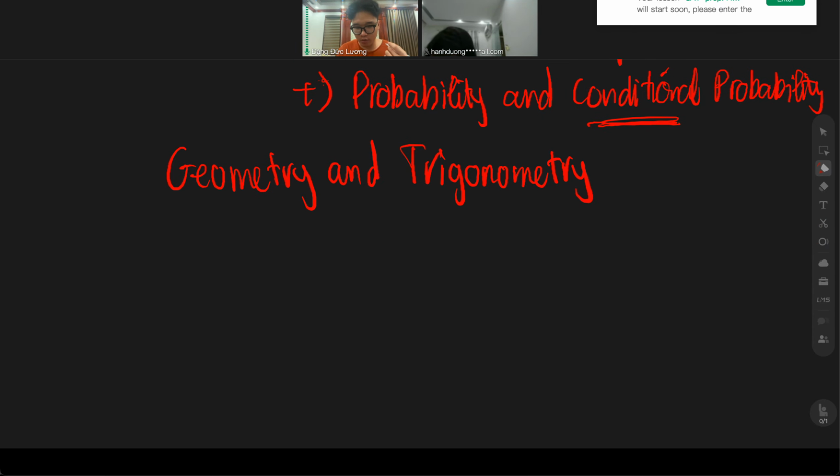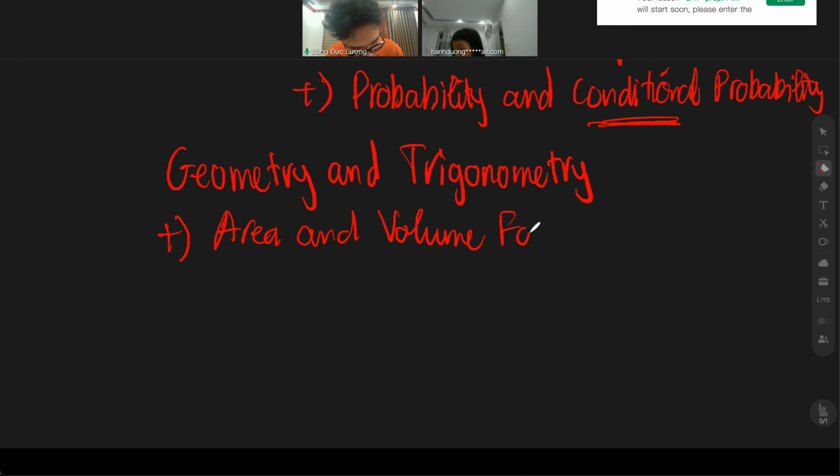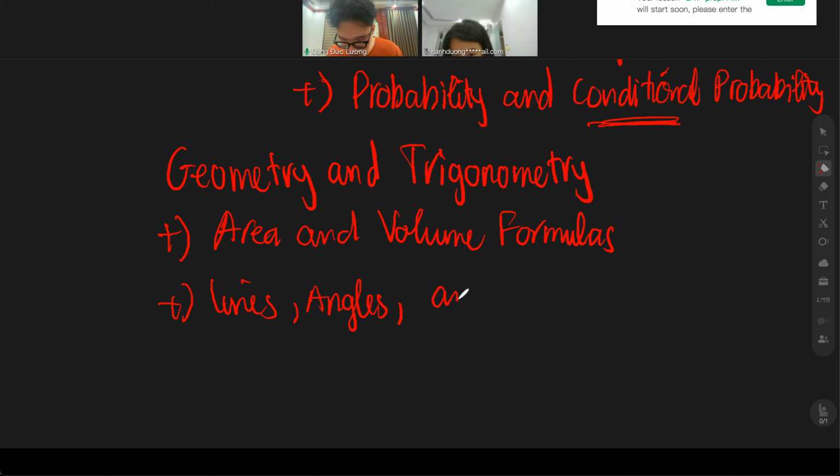They will test you about area and volume formulas, and lines, angles, and triangles.